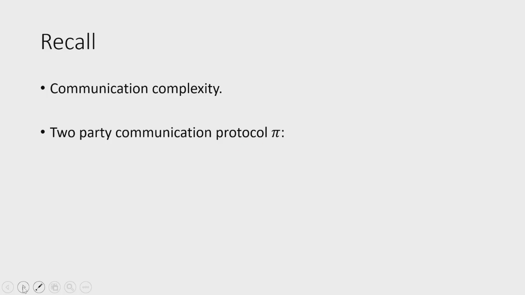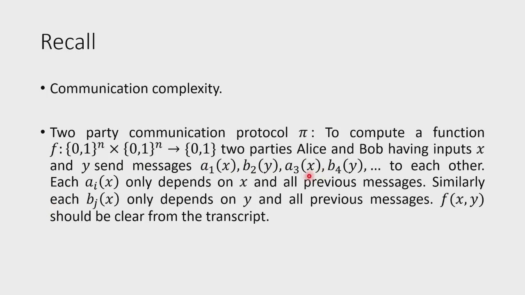I'll just give you an informal idea of what a protocol is; I won't define it formally. To compute a function f from {0,1}^n × {0,1}^n to {0,1}, two parties, Alice and Bob, having inputs x and y, send messages to each other. I'll number these messages A1, B2, A3, B4, and so on.